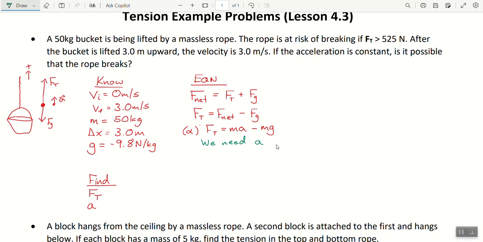How do we get acceleration out of it? We don't know how much time it takes, which means out and out. Hey, we could use equation 3 right here, right? Let's try it. I know that the acceleration of this system, A, is going to be equal to VF squared minus VI squared over 2 delta X.